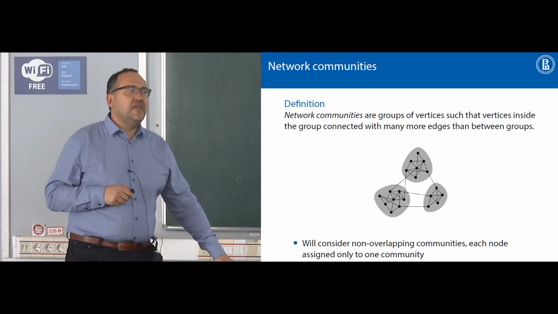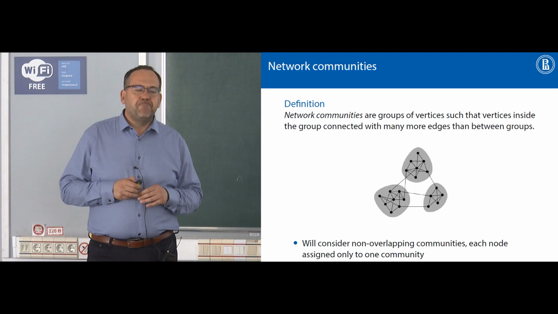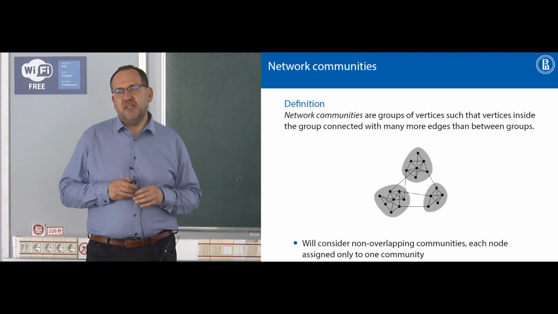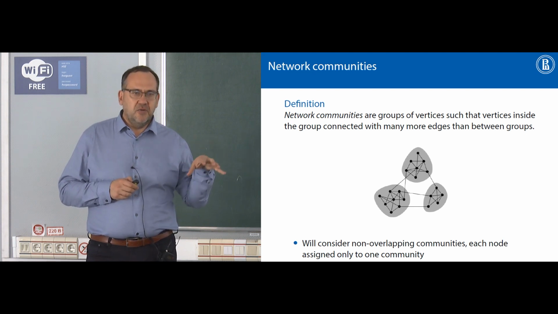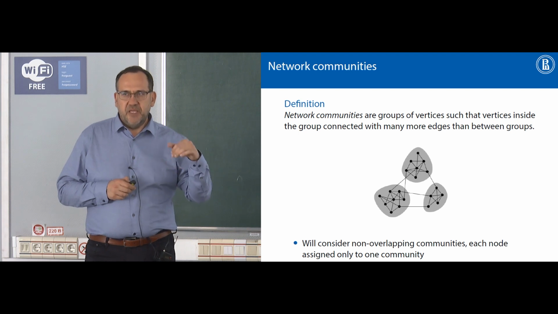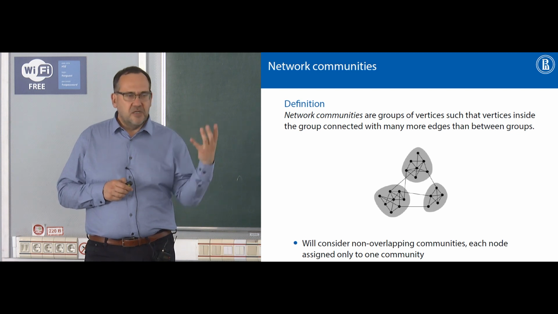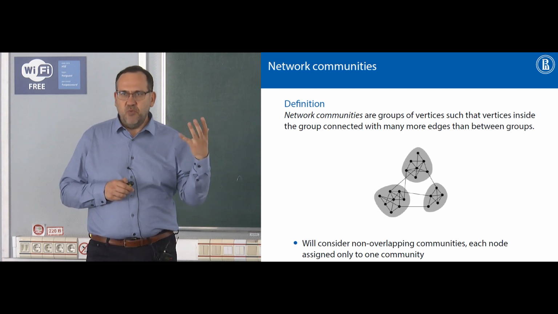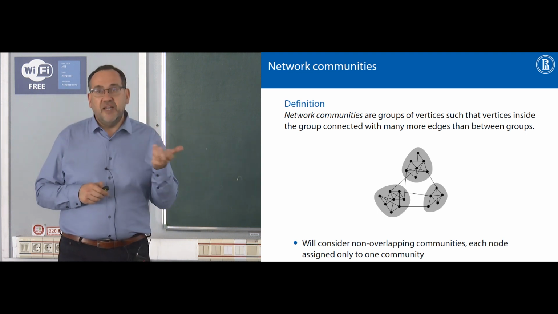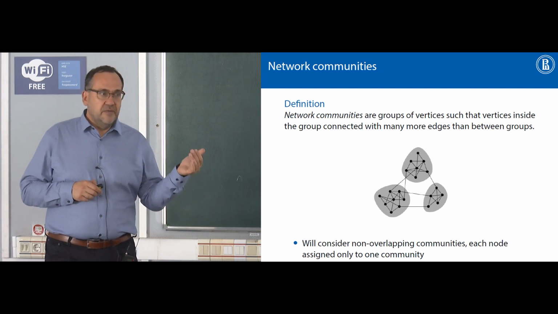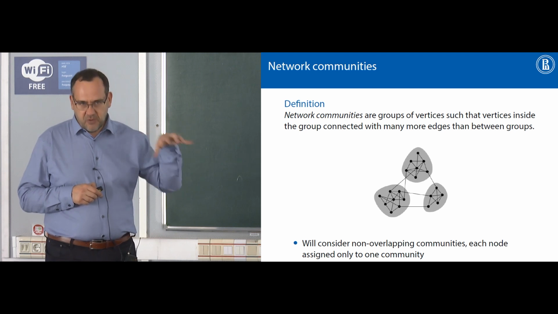In some sense, if I bring the analogy of road maps, and think about St. Petersburg, where the squares are nodes and the roads connect them, in order to split this into communities, or regions that have more roads connecting them than with the rest of the city, I'll probably need to find bridges, right? If I find bridges and remove them, that will split the city into very natural groups, right?